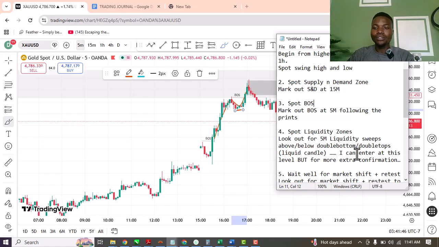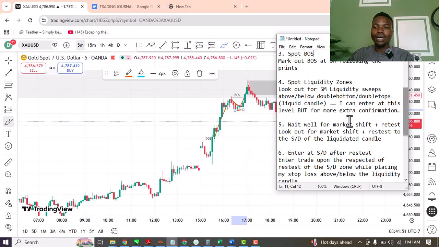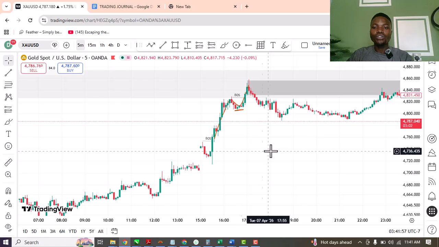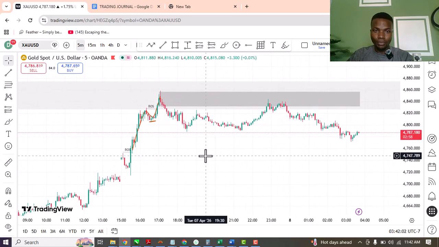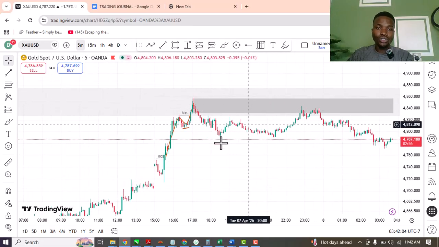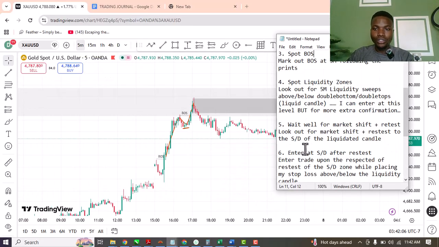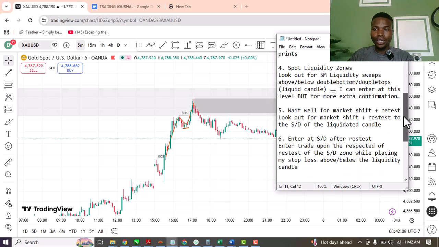This is where I can enter at this level, but I want to wait for the last confirmation. Mind you, the last confirmation of this setup has already shown up.